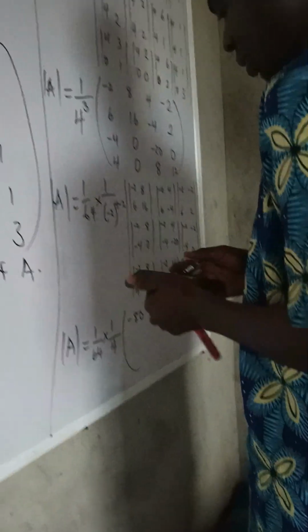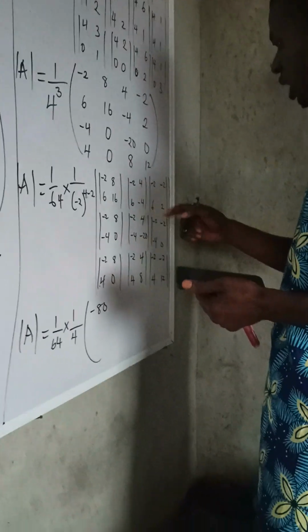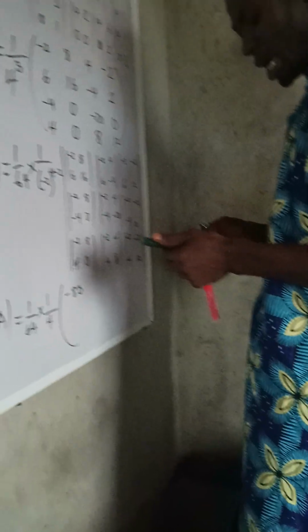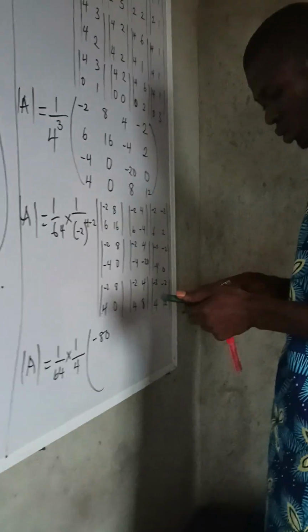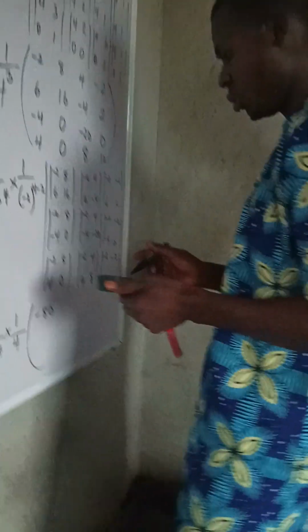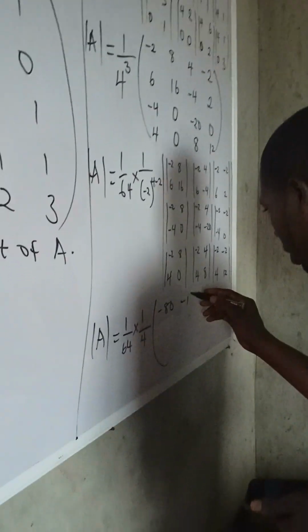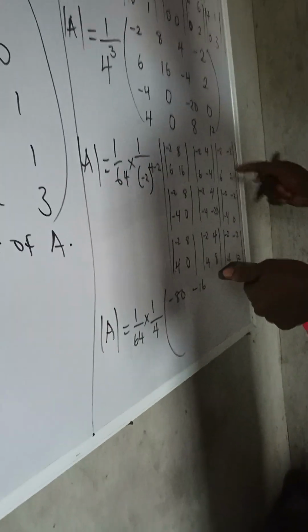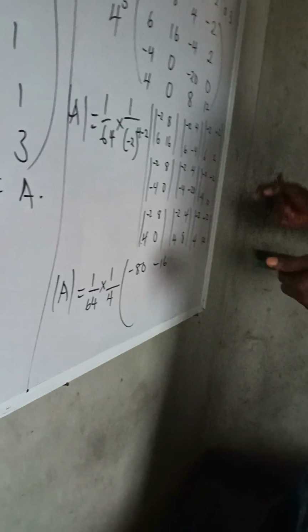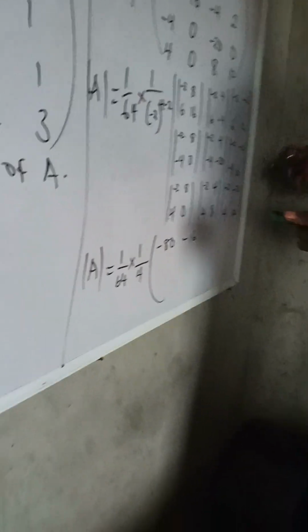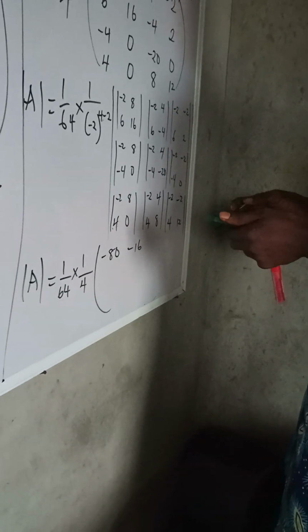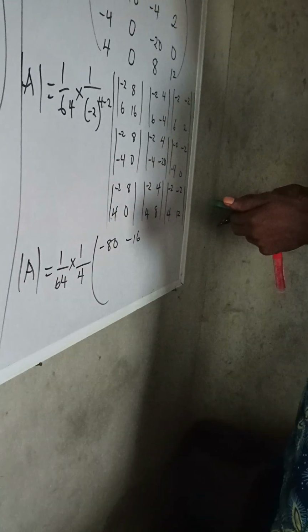Minus 80. Then next one, we have minus 2 times minus 4 is going to give us 8. 8 minus 24. And that's going to be minus 16. The next one, we have minus 2 times 2. That's going to give us minus 4.